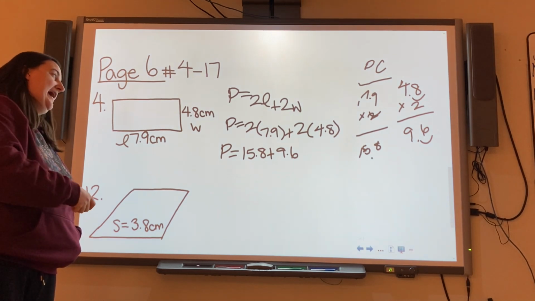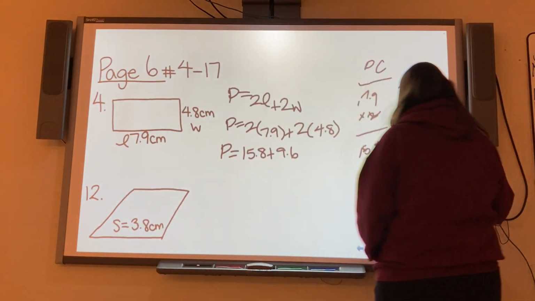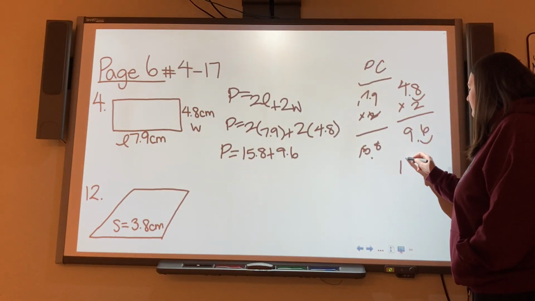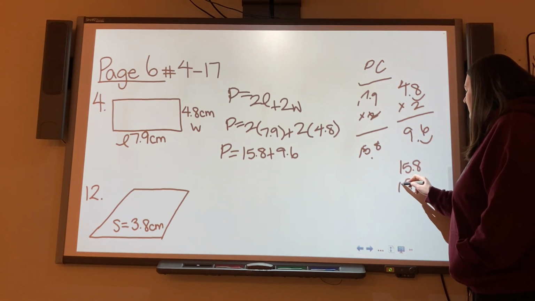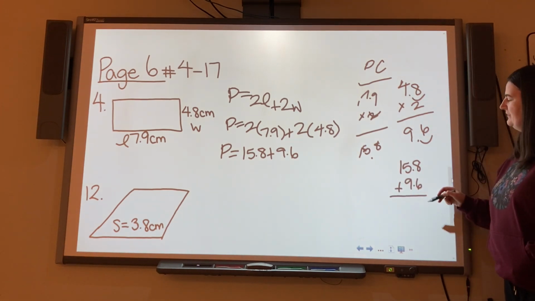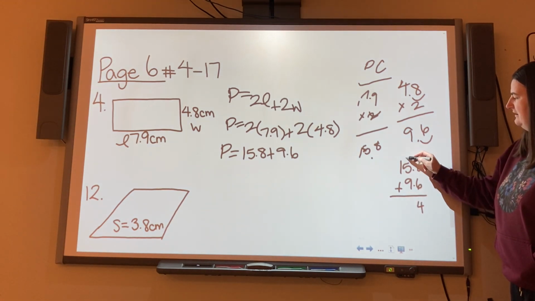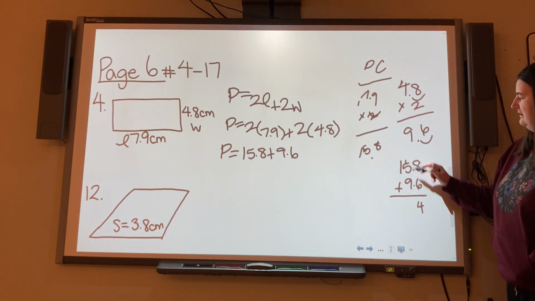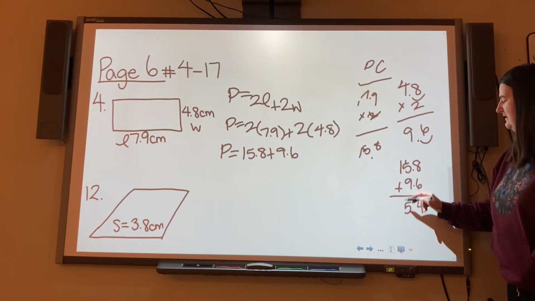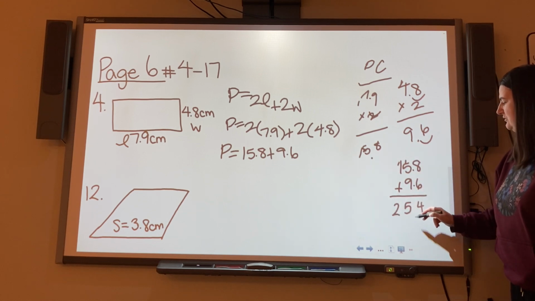So now I need to add 15.8 plus 9.6. So you go back to your outside calculations. 15.8, 9.6, adding together, 8 plus 6 is 14, carry your 1. 5 plus 9 is 14, plus the one that you carried is 15, carry your 1. 1 plus 1 is 2.